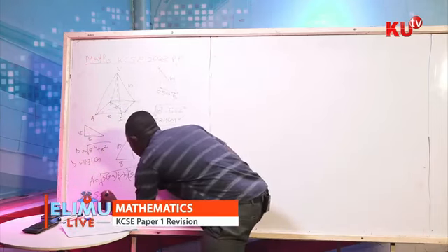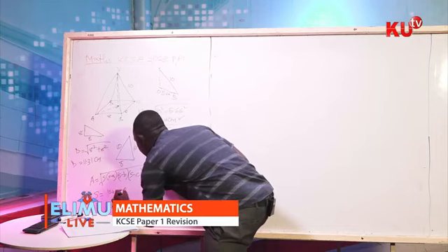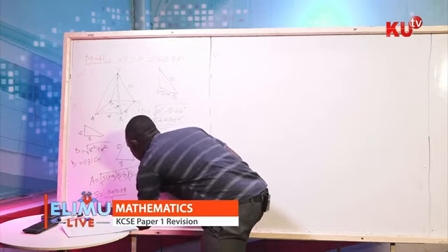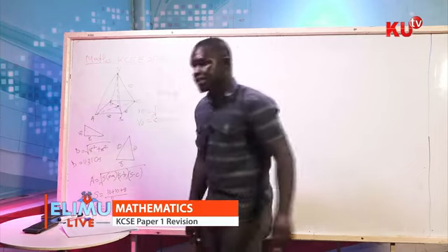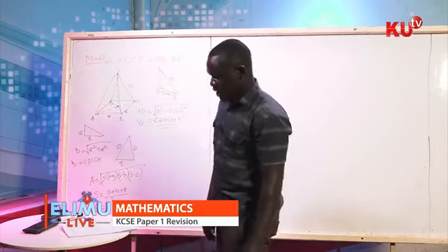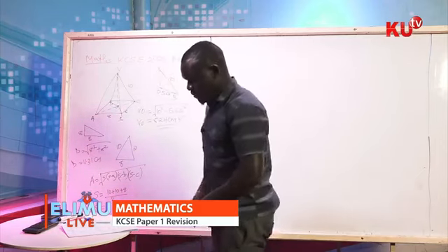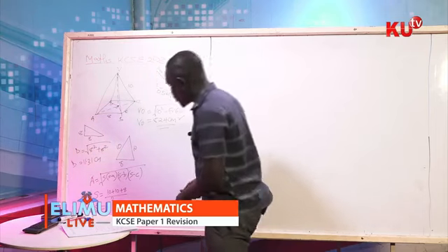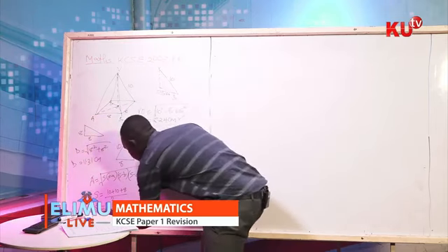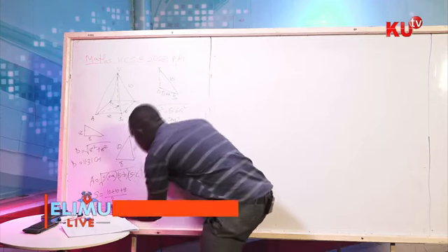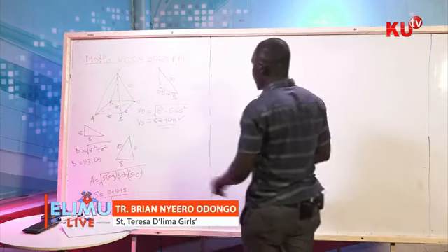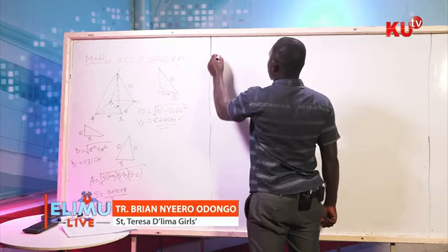It is 10 plus 10 plus 8, which you divide by 2. I'm getting my S as 14 centimeters.